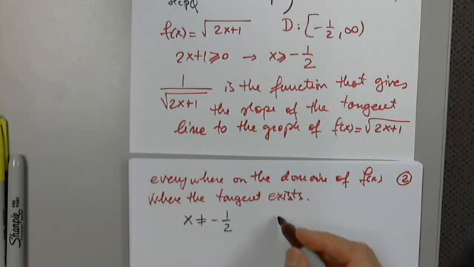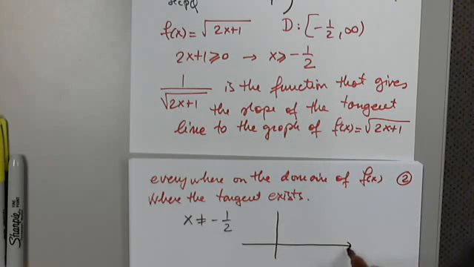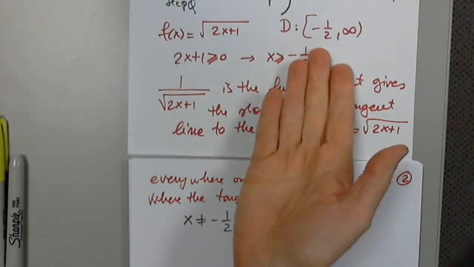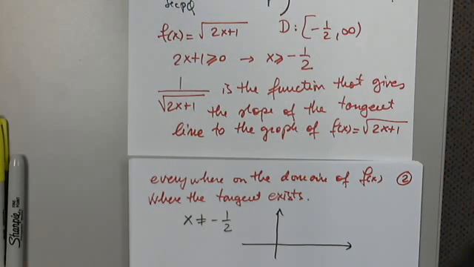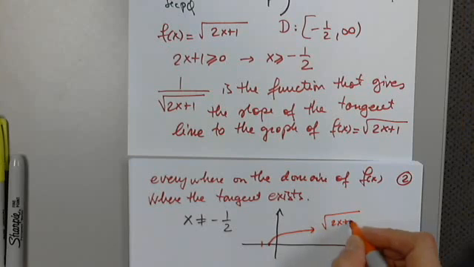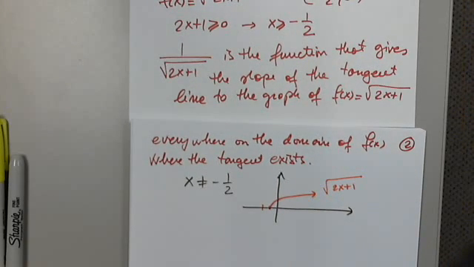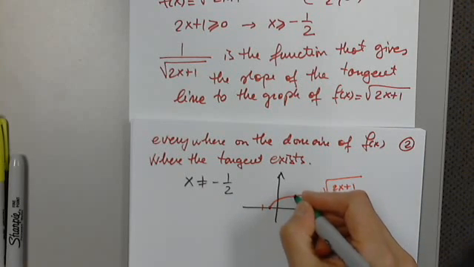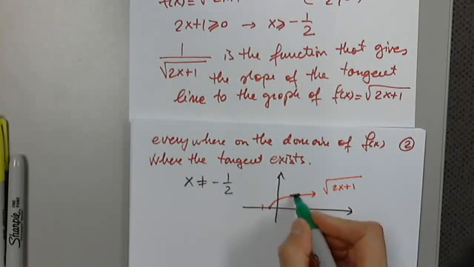Very good, Bryce. So here's the graph of the square root of 2x plus 1. The domain is -1/2 to infinity. Now let me show you tangents at any point you want. If you say this point, show me the tangent. Okay, fine.